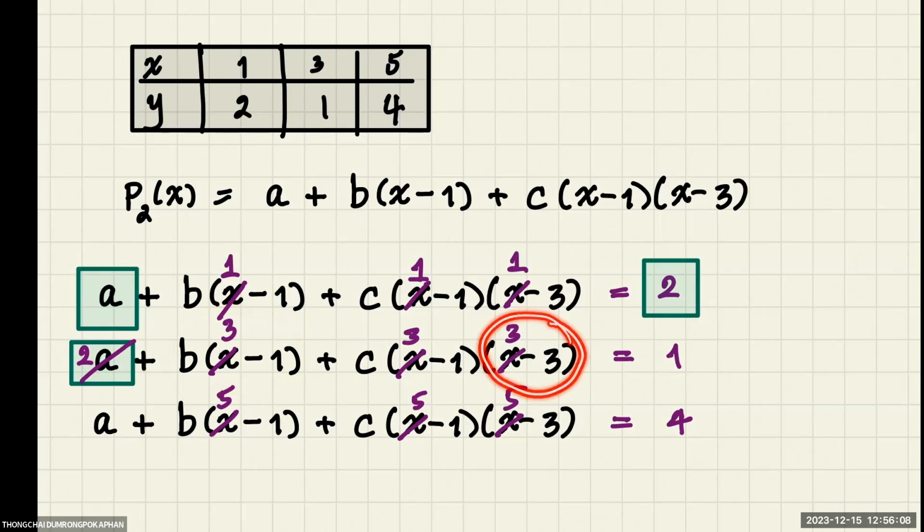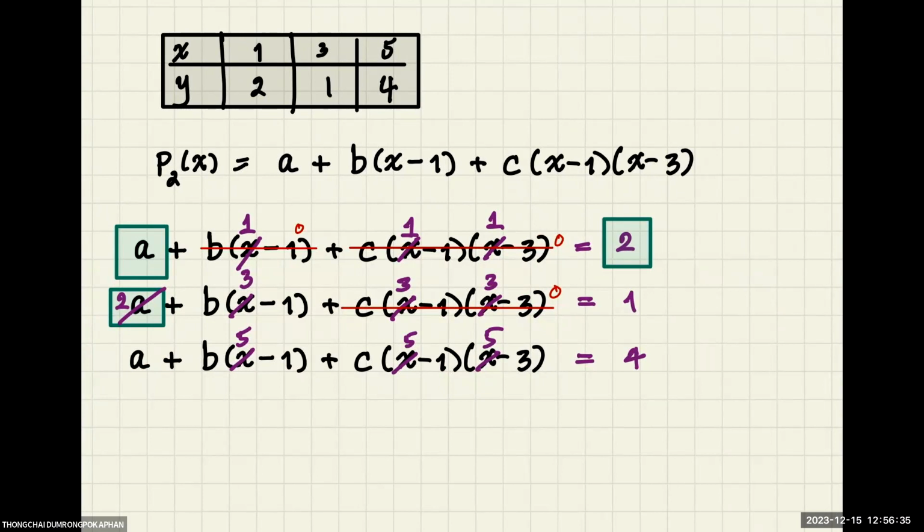So you can get b easily. b is (1 minus 2) divided by 2, which is minus 1 over 2.